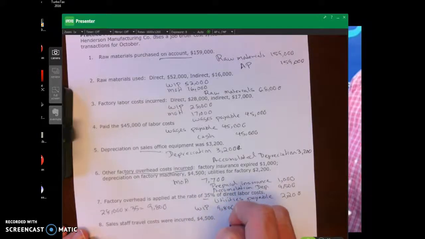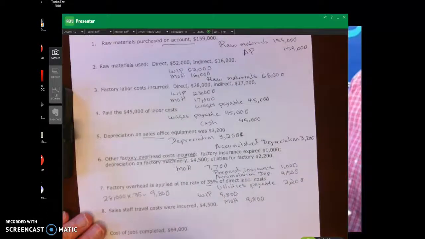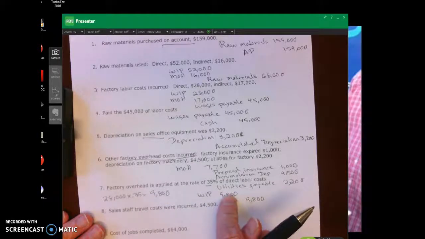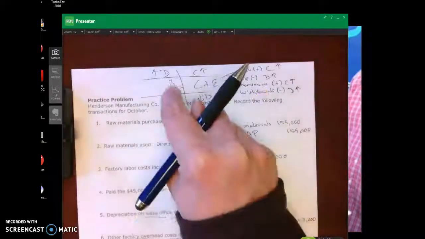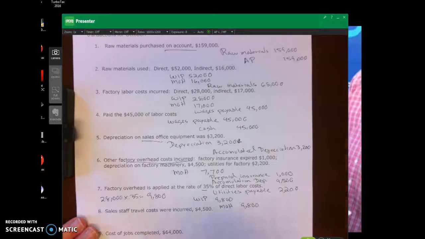So the journal entry to apply overhead is debit WIP, credit manufacturing overhead. So I'm moving it out of the manufacturing overhead bucket and into work in process. It's a debit to WIP because the dollar value of the inventory is going up because I'm applying manufacturing overhead. WIP is an asset account. The way I increase an asset is with a debit. That's why it's debited. Okay?